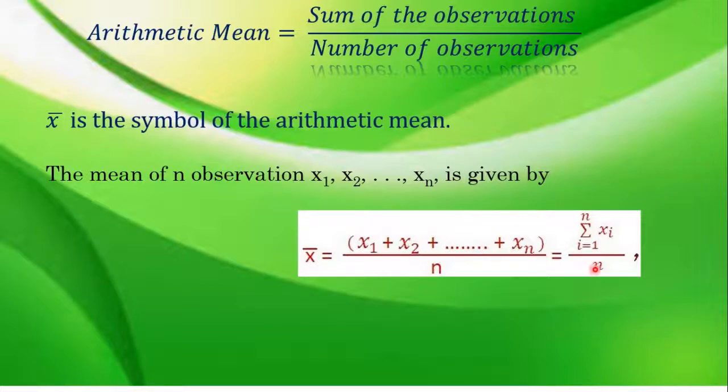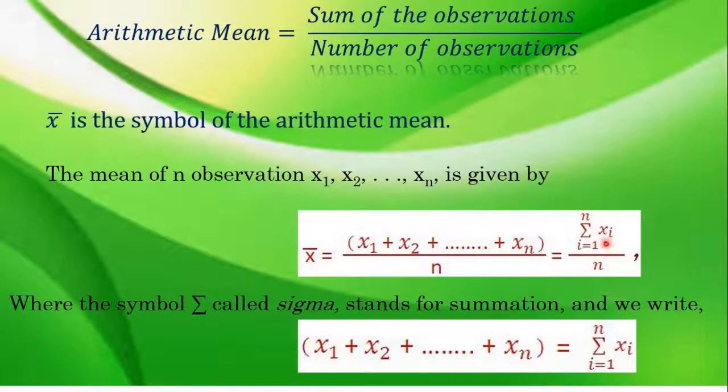The same thing is written in another way. We can read this as sigma i from 1 to n xi divided by n. You can identify that the denominator remains the same, n itself, but the change is for the numerator.